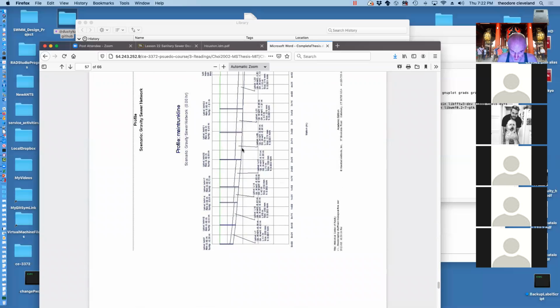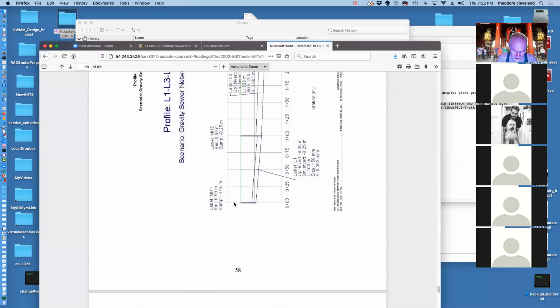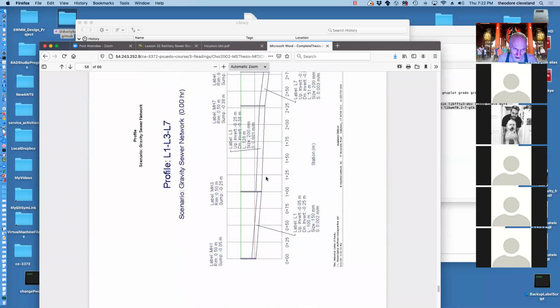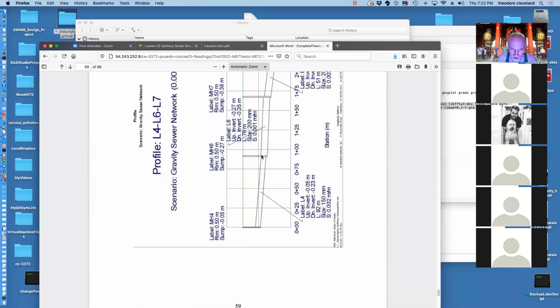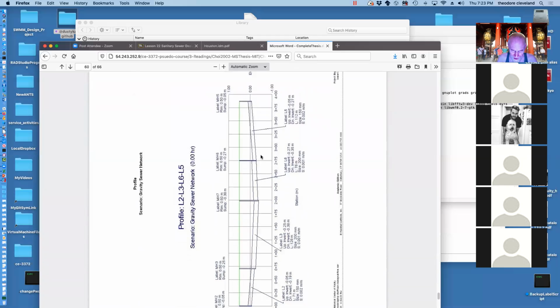So this was the initial profile that I critiqued as not having the sewer crowns mating up correctly. This one didn't either, but I did notice that as you moved further into the profile studies, they did indeed have them designed the way one would want to.